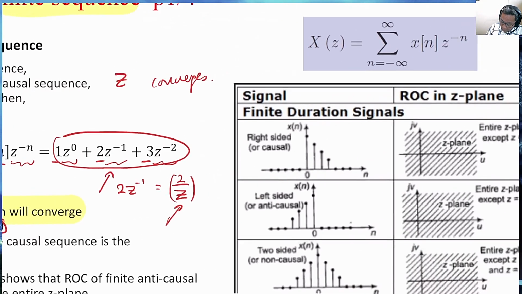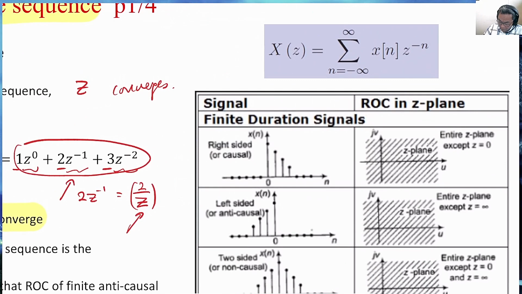Right, let's see the picture on the right hand side. On the right hand side, this is the sequence we are talking about, a finite causal sequence. For the region of convergence, typically we use the shaded region, and this is the shaded region. This is the real part of z, and this is the imaginary part of z.